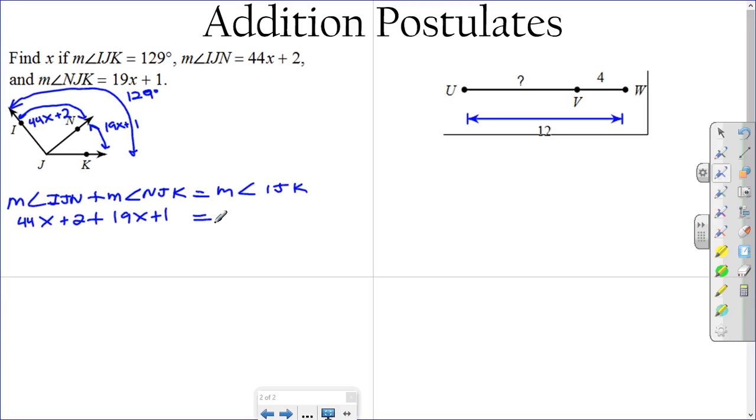And that is equal to the biggest of them all, the measurement of angle IJK. IJK is 129. I cannot use the numbers to figure out which is the small one and which is the large one. Look at the drawing. The drawing tells you these are the small angles, and these will be put together to make the biggest one of them all.